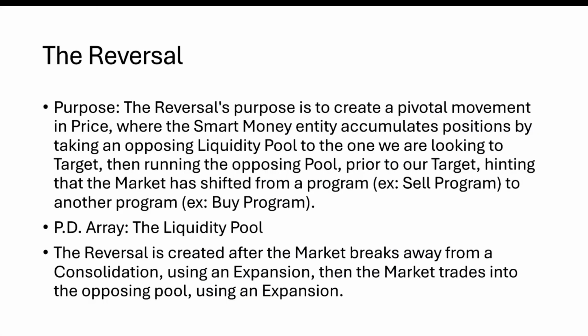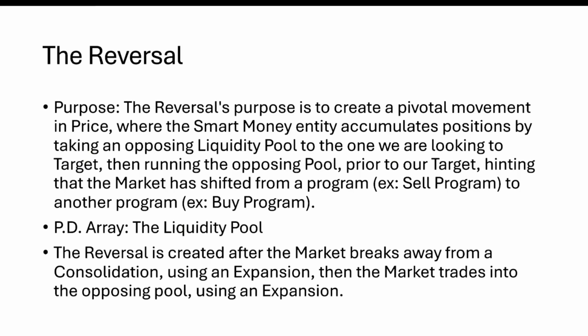And the last thing we're going to talk about is going to be the reversal, whose purpose is to create a pivotal moment or movement in price where the smart money entity accumulates positions by taking an opposing liquidity pool to the one we're looking to target, then running the opposing liquidity pool prior to our target, hinting that the market has shifted from a program, for example a sell program, to another program, for example a buy program.